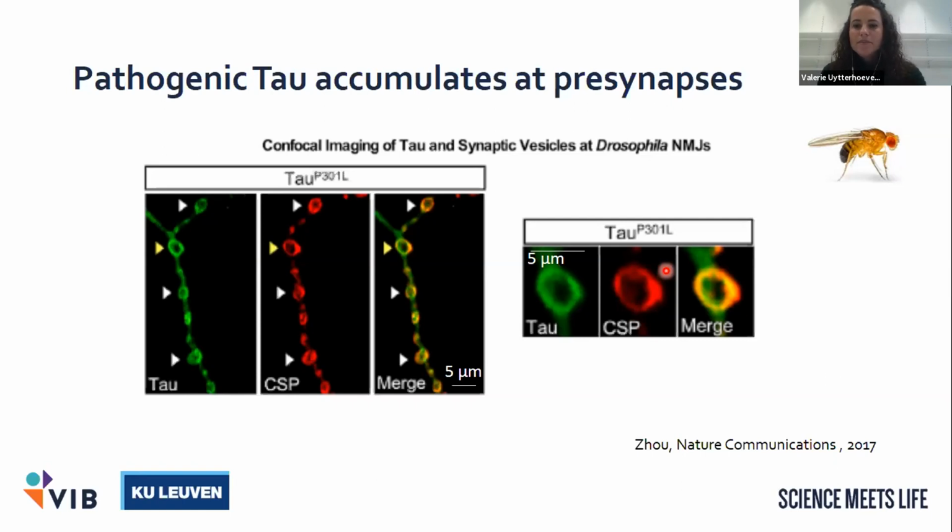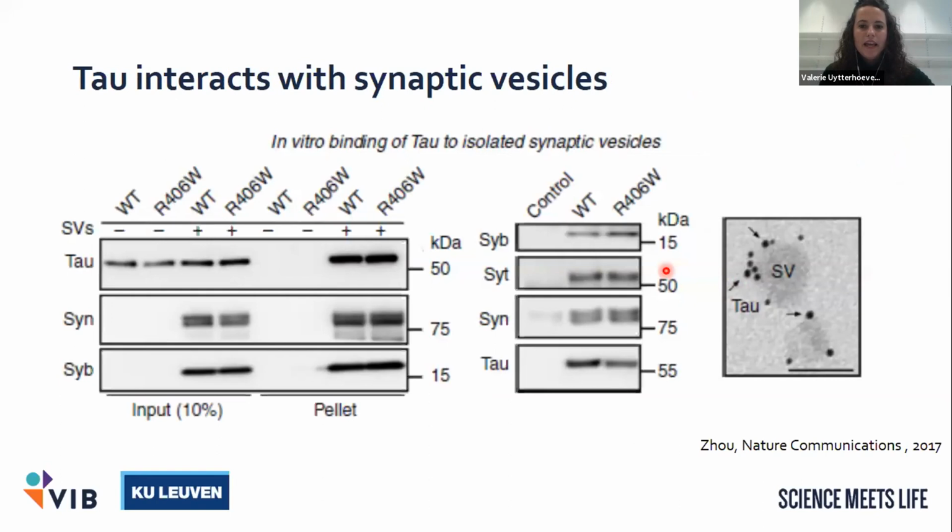And to test this, we performed different assays, a co-sedimentation assay, a co-immunoprecipitation assay, and we also used electron microscopy to image purified synaptic vesicles with purified tau. So here in this co-sedimentation assay, we see that wild-type tau and mutant tau co-sediment with the synaptic vesicles that we added to this assay.